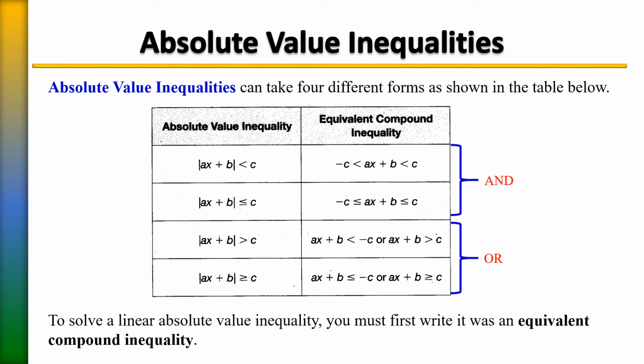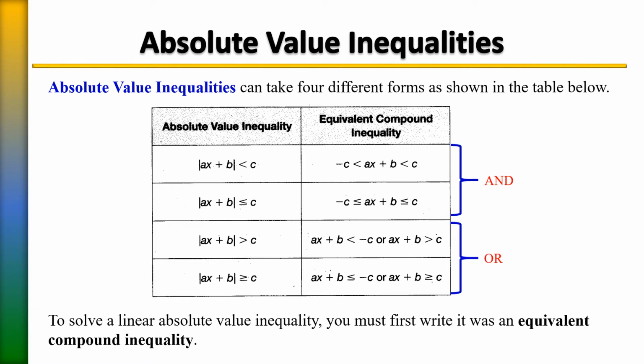Now, the first 2 forms is when you have the absolute value of some number, where the absolute value is either less than, or less than or equal to. That will be considered an AND equation.